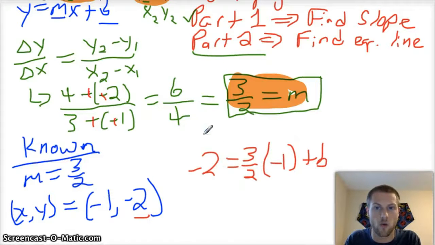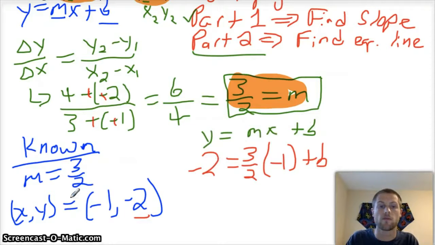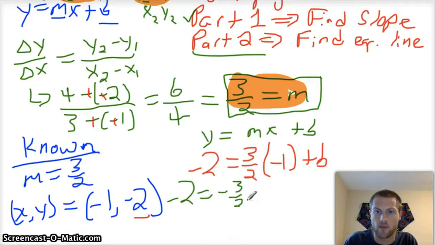All right, this is my y equals mx plus b form. All I did was I subbed in my m, my x, and my y. Now I'm just solving for b. So I'm going to get negative 2 equals, now 3 halves times negative 1 is a negative 3 halves plus b.